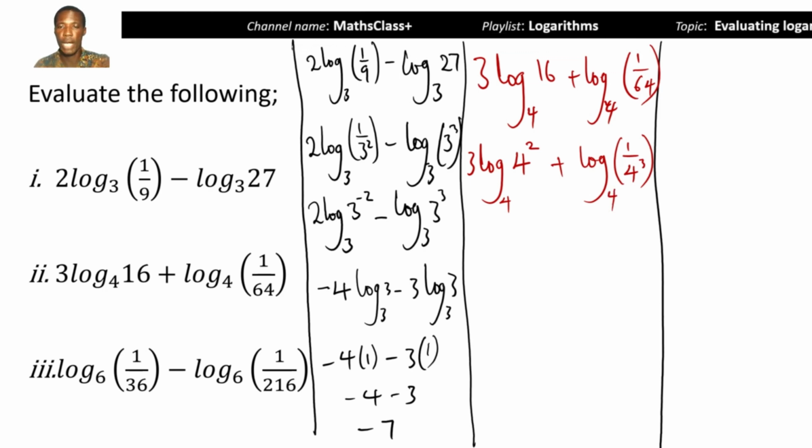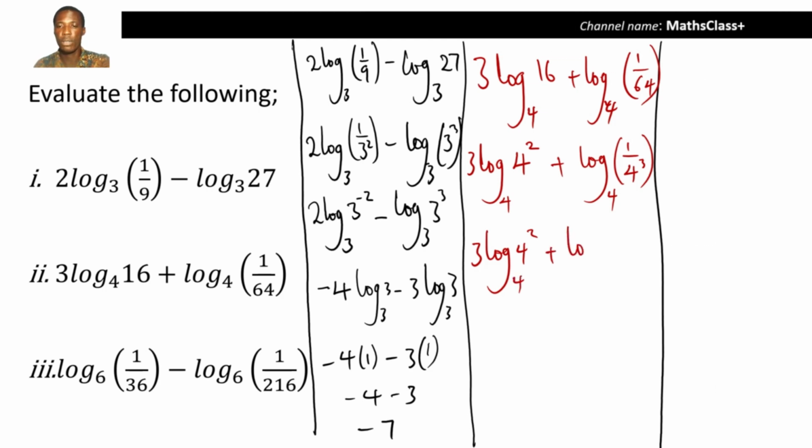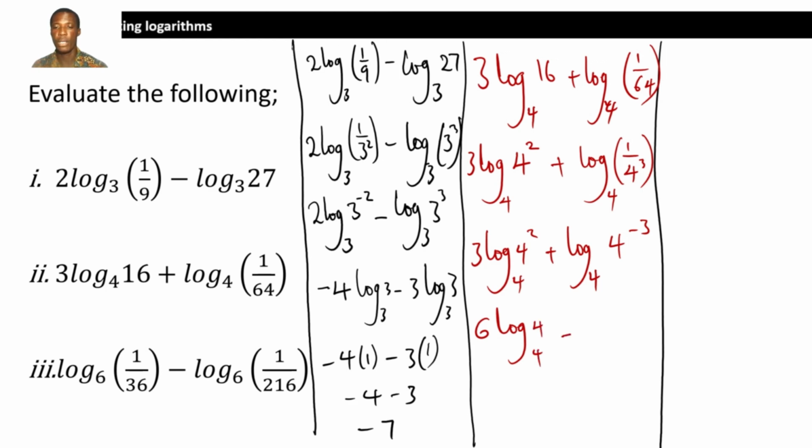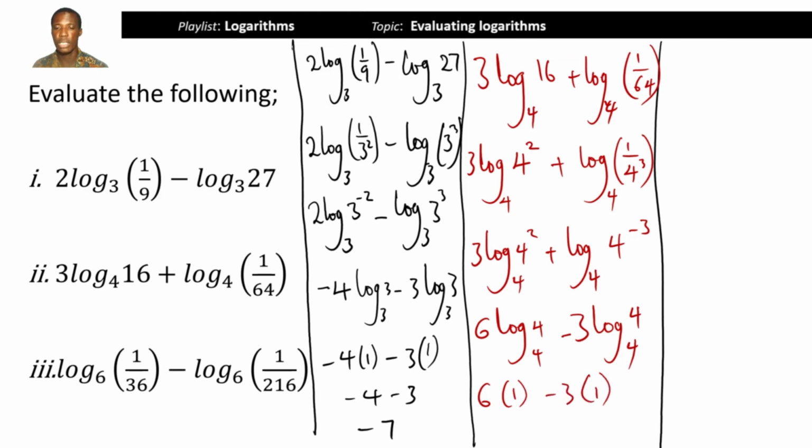And this one we will have 3 log 4 to the power 2 base 4 plus log to the base 4 of 4 to the power negative 3. So now we drop the exponent, that gives us 6 log 4 to the base 4 minus 3 log 4 to the base 4. So this becomes 6 times 1 minus 3 times 1, which is 6 minus 3, which is 3.